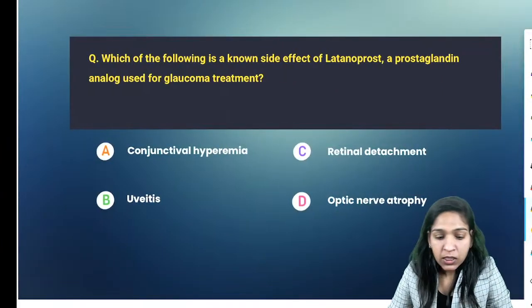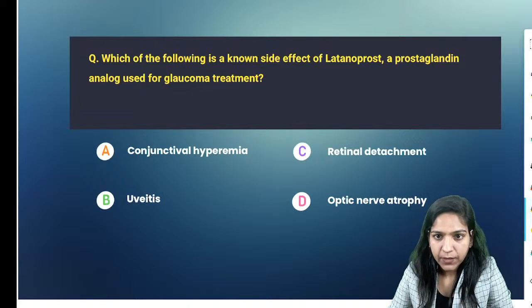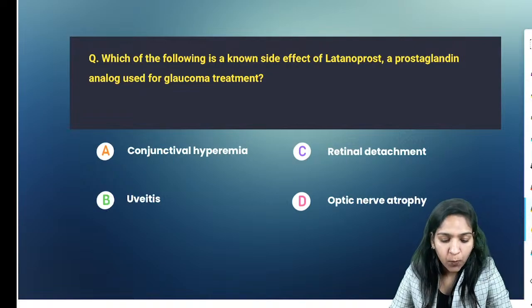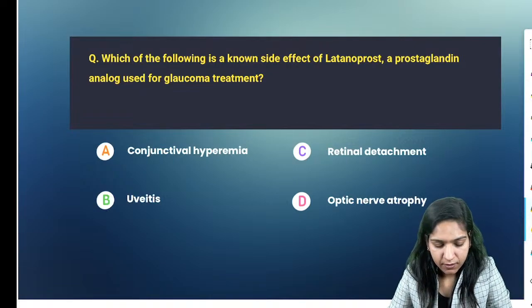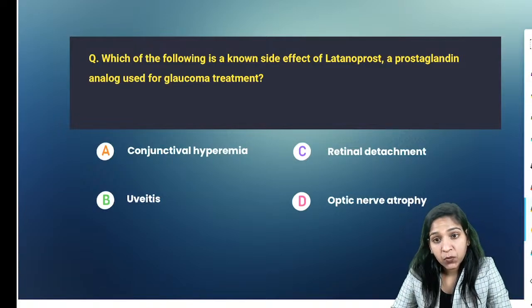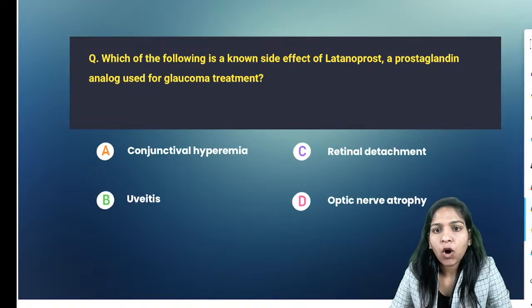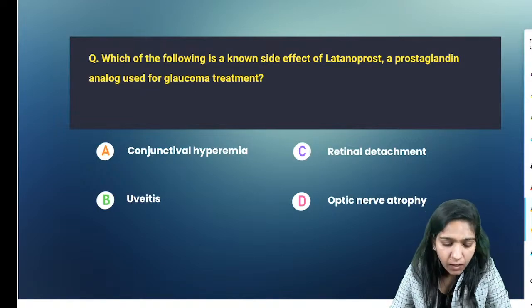Next question was, which of the following is a known side effect of latanoprost, a prostaglandin analog used for glaucoma treatment, right? As per the feedback I had from the students, the options were conjunctival hyperemia, retinal detachment, uveitis, and optic nerve atrophy, right?